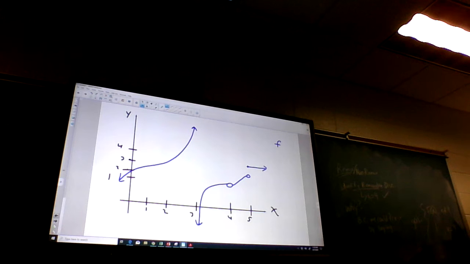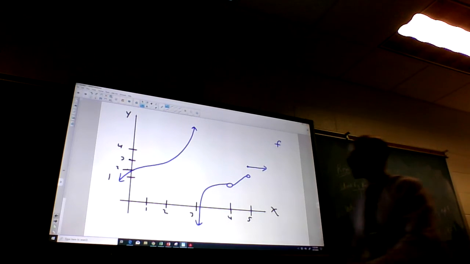And then I could say, so question, did I fix it? Now that's f of x over there, correct? That's the function f. Here's a new function I'm defining, g of x. Guess what g of x looks like in terms of f of x everywhere where x is not equal to 4? It looks exactly like it does right there. But at 4, what have I now added? One single point.